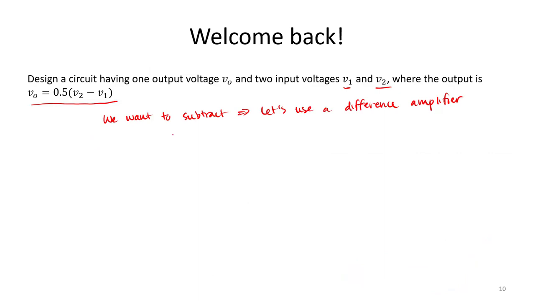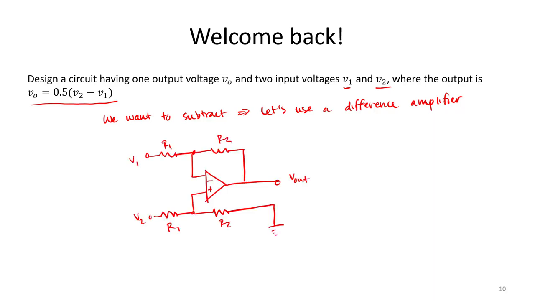So if we go ahead and draw that out, our difference amplifier would look something like this. So we know we want to use a difference amplifier that has the same resistors and layout as shown here. And we know that Vout is going to be given by R2 divided by R1 times V2 minus V1.